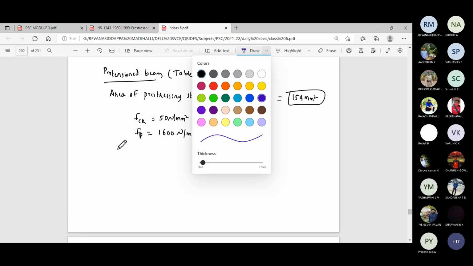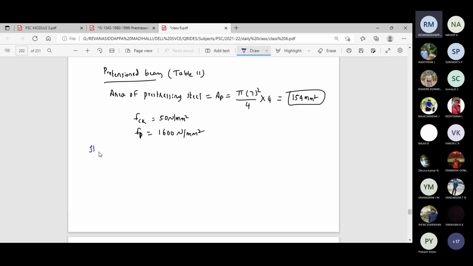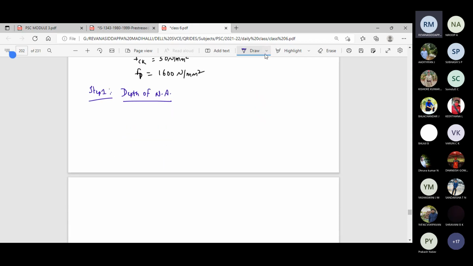Step one: depth of neutral axis. We will find where the depth of neutral axis is lying exactly. For that, we assume neutral axis lies within the flange.